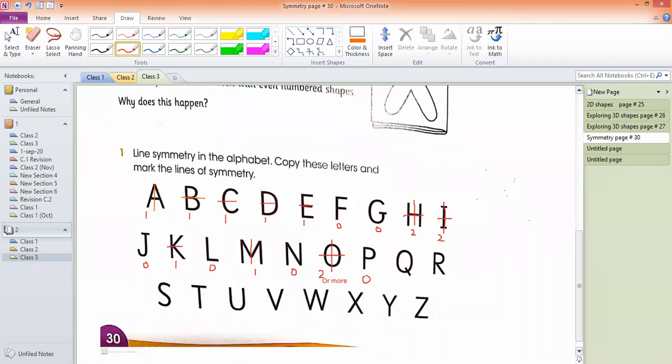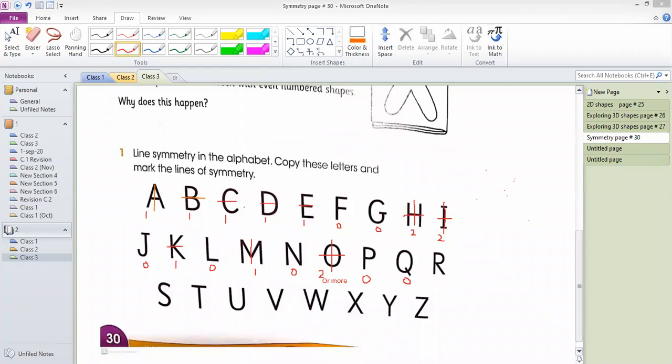So you will write 0 because Q is not symmetric. Is that clear? Very good.